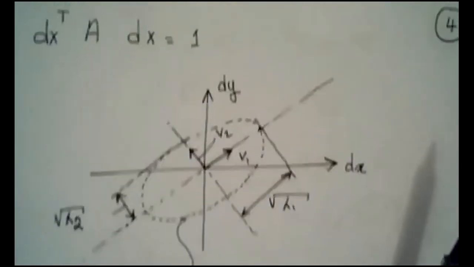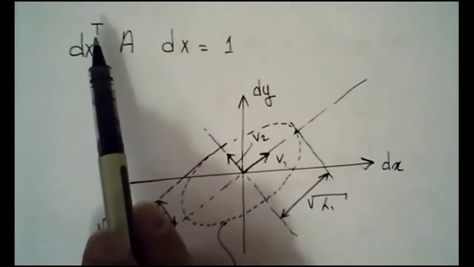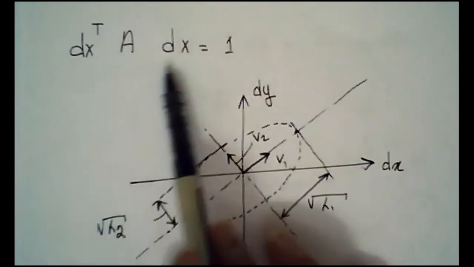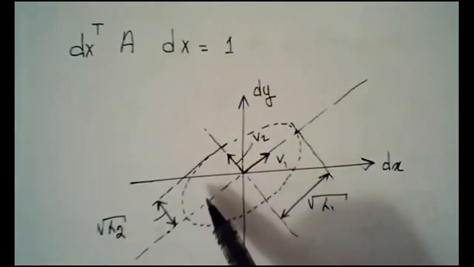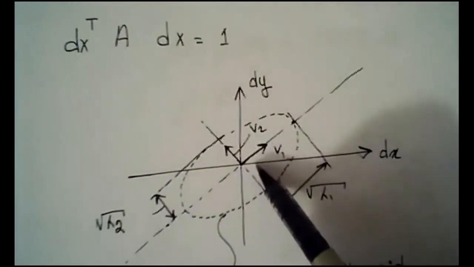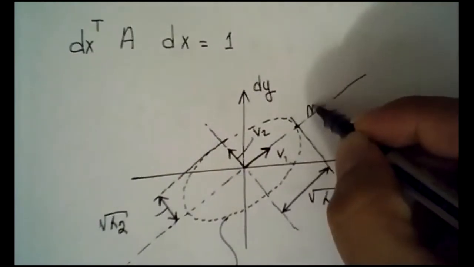Let me show you a little bit more about how that would look. So this is what I had, dx transpose multiplied by A multiplied by dx. And then we said the equation of this is an ellipsoid. So how would the ellipsoid look? So this is the ellipsoid, and it turned out that this is the major axis.